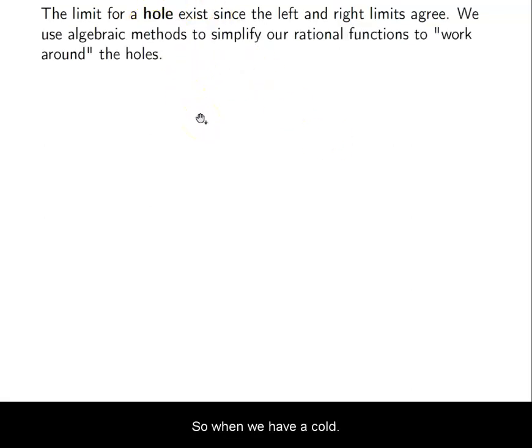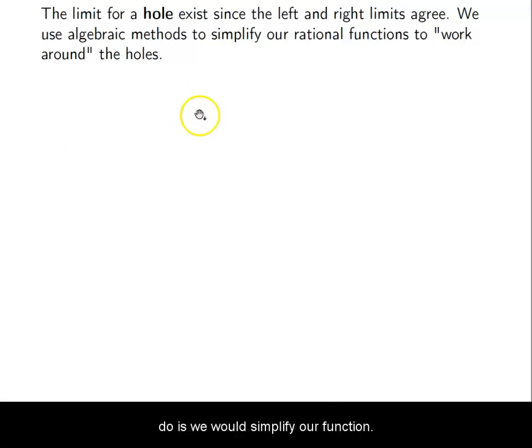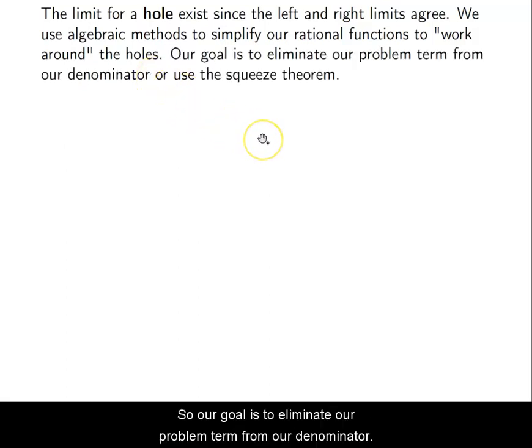So when we have a hole at the point that we're trying to evaluate our limit, then we have to use other algebraic means to work around the hole, basically. Okay, so basically what we're going to do is simplify our function. Our goal is to eliminate our problem term from our denominator, or to use the squeeze theorem.